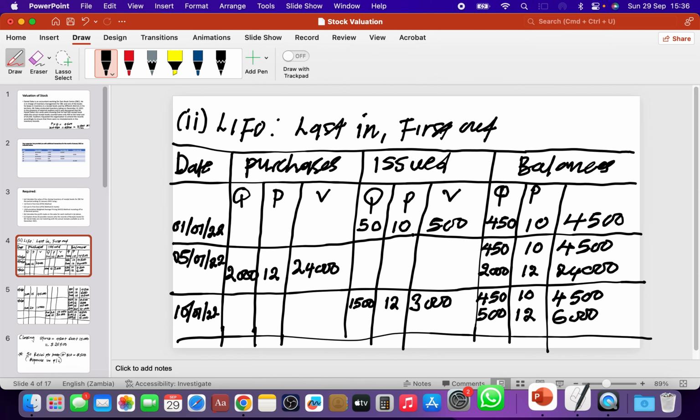Now, the actual opening receipt books number is 450, valued at $10. You multiply 450 by 10, it gives you 4,500. Thereafter, you go and check the transactions that happened during the month of January.